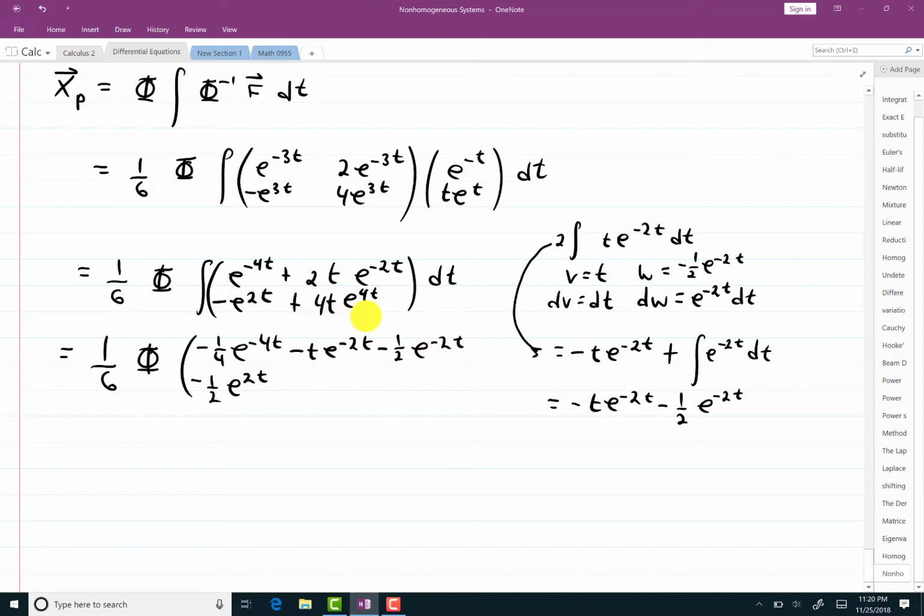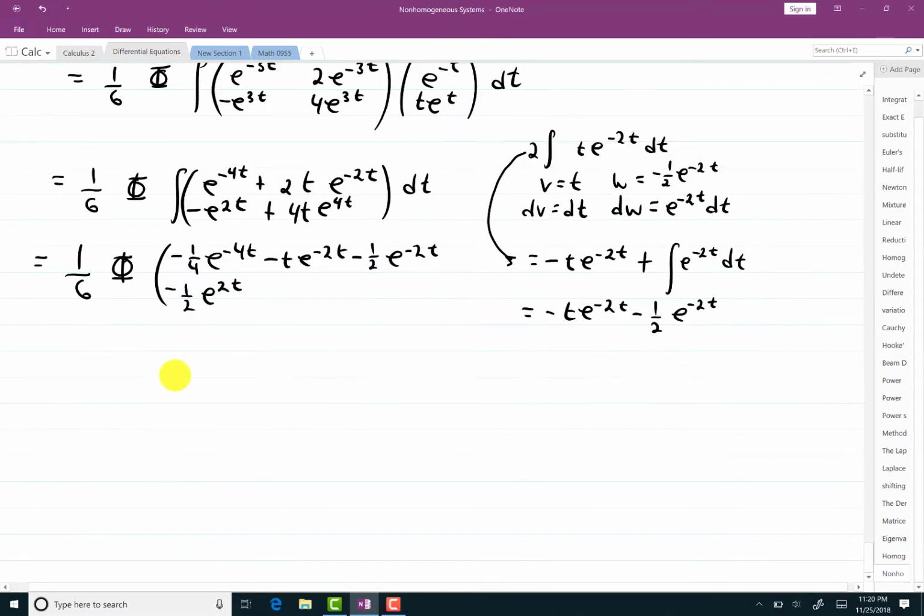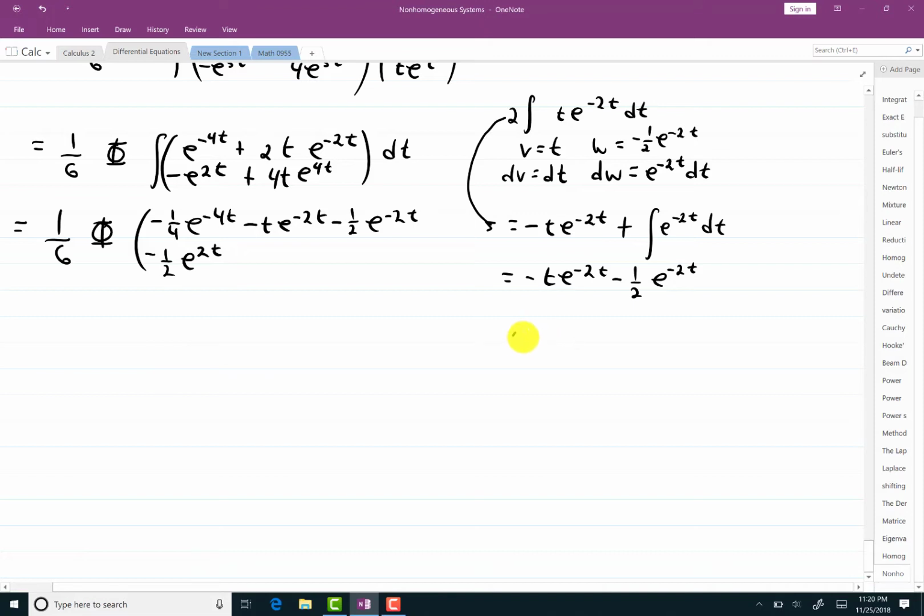And then for this piece, the same kind of a thing happens, except I can imagine myself to have a 4 over here. I better not. I'll mess things up. So let me go ahead and do the calculation again. Here we're doing 4 t e to the 4t dt. I'll do the same things I did.